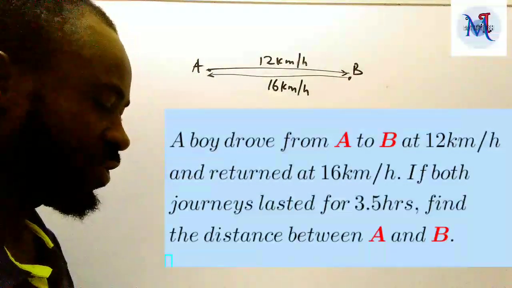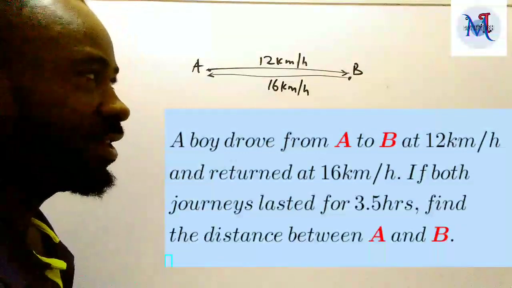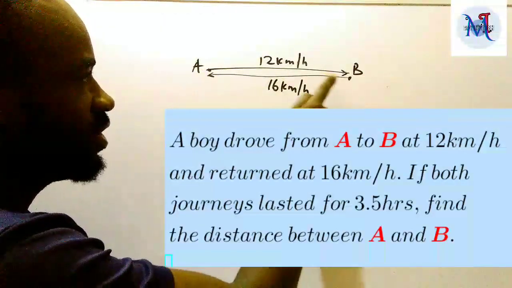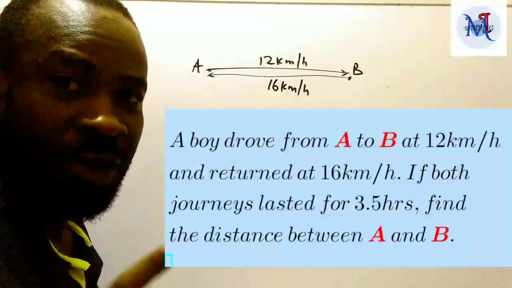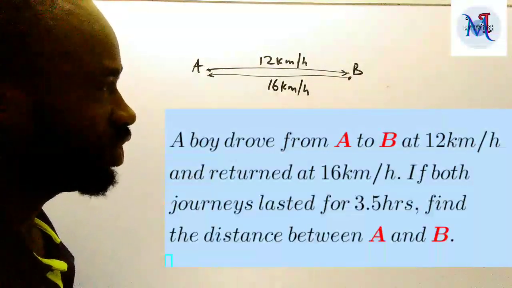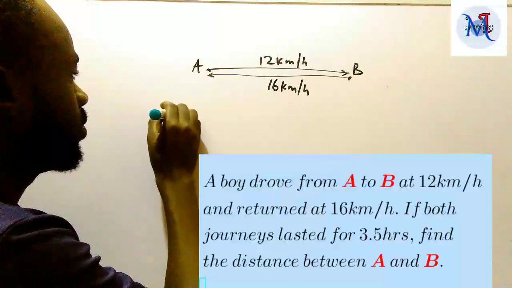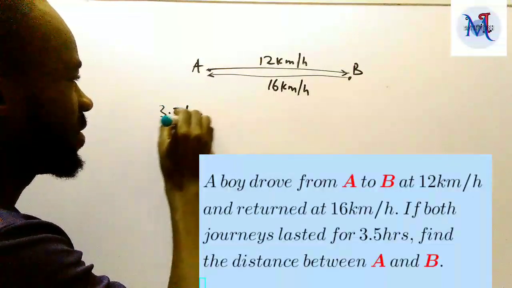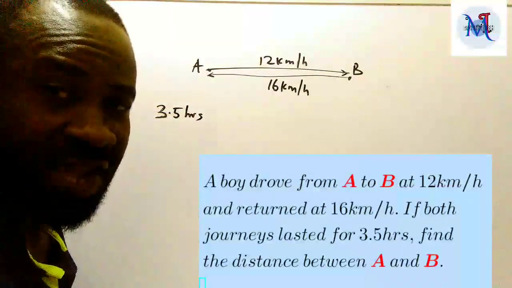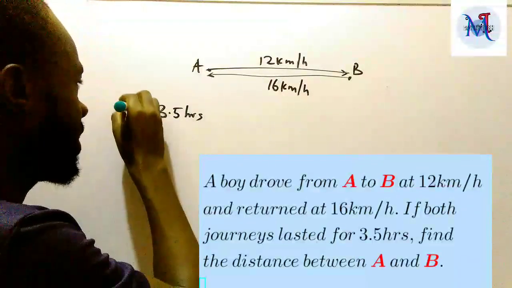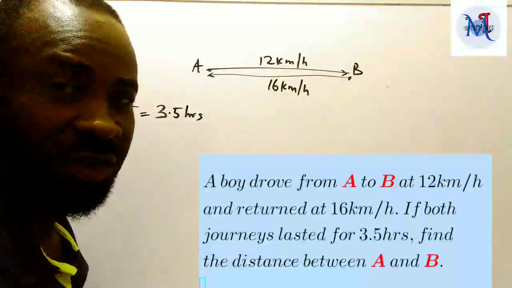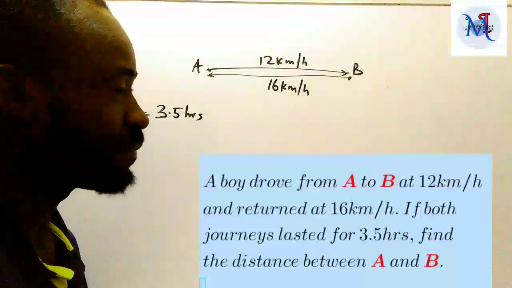Now we are asked to find the distance from A to B. Now recall that they have told us that this entire journey took 3.5 hours. Okay, that's the total time for this journey. The total time T is 3.5 hours.